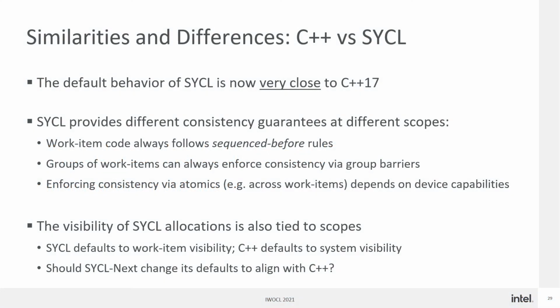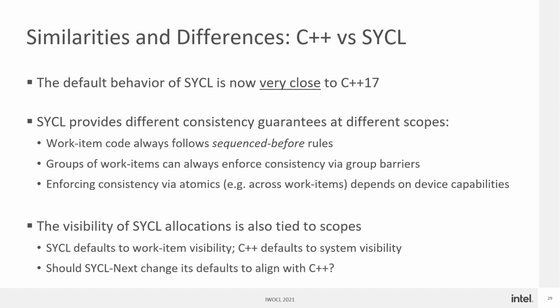One interesting question to ask is, what differences remain between C++ and SYCL? The good news is that the default behavior of SYCL is now very close to C++17 and is aligned well with C++20. We do have some different consistency guarantees at different scopes depending on device capabilities, but the memory consistency guarantees generally follow C++.